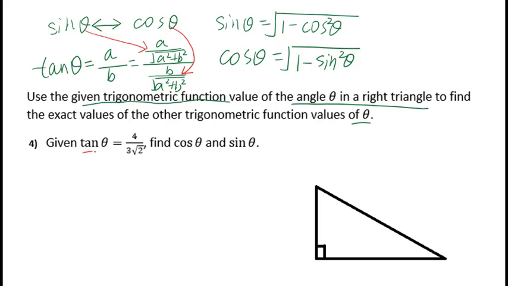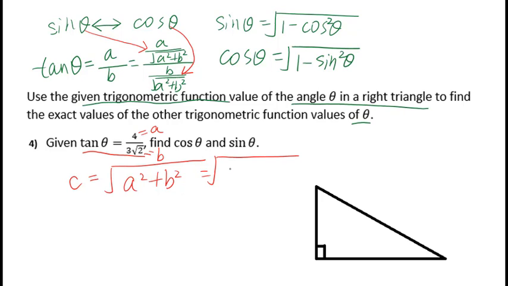For this tangent theta you are given, we will figure out that C, which means this we label as A and this we label as B. So you have square root of A squared plus B squared.